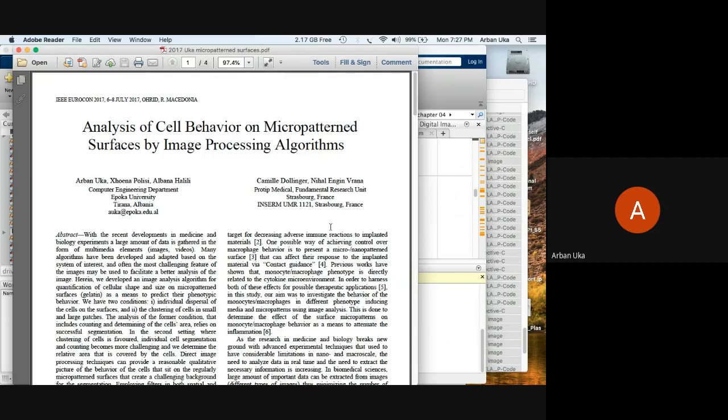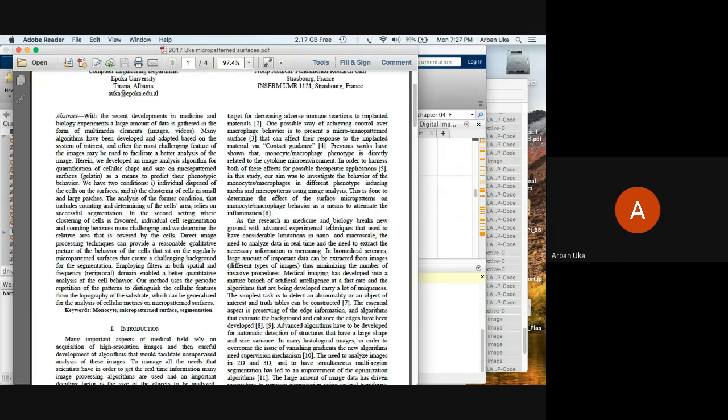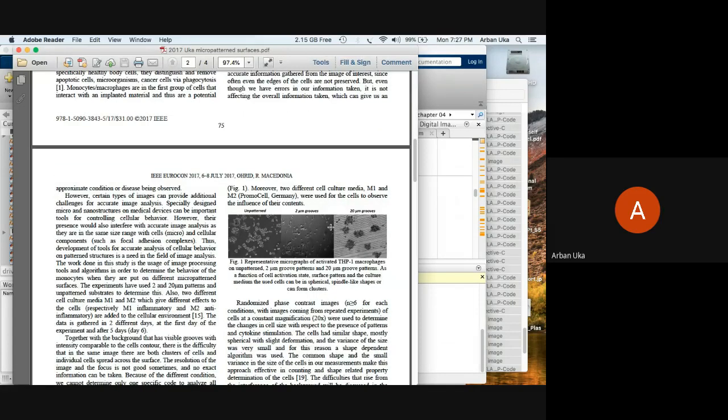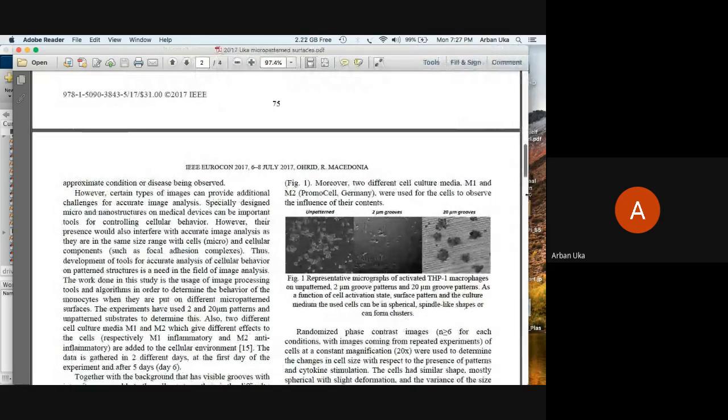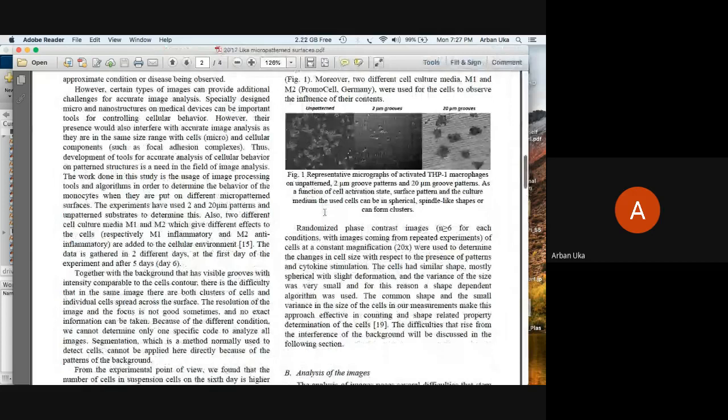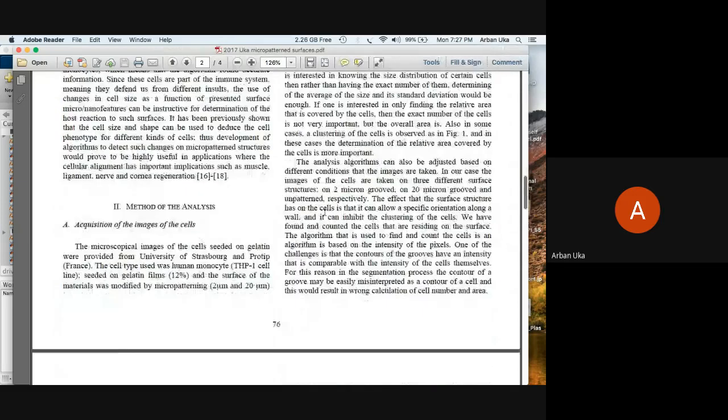We have a paper here which we worked on together with some of our collaborators, where we have studied, at least from the image analysis perspective, how we can analyze the images if we remove some periodic noise.